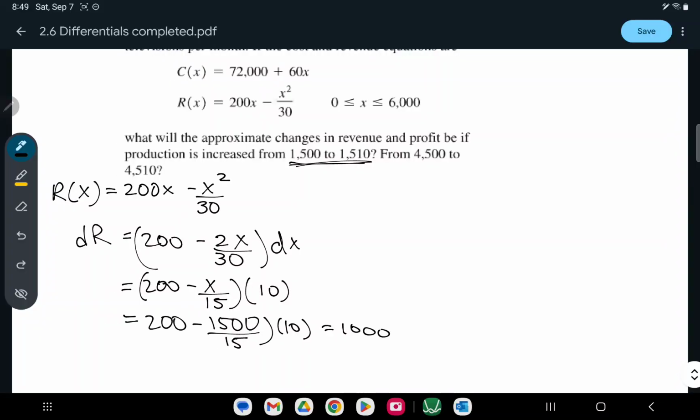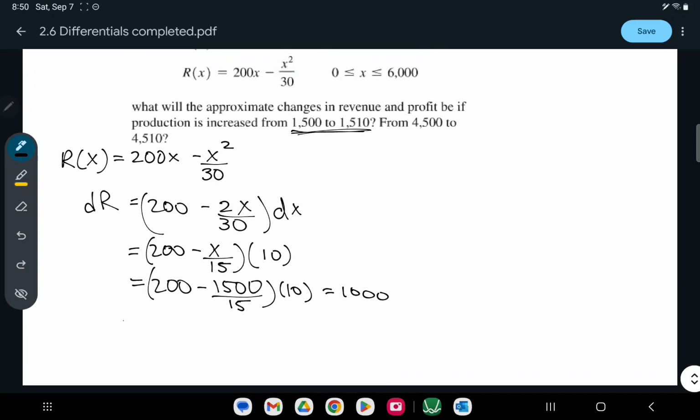And then I can do it for the 4,500. Same thing, I can use that same function: 200 minus 4,500 over 15 times the change, which was 10. And this time I get negative 1,000.